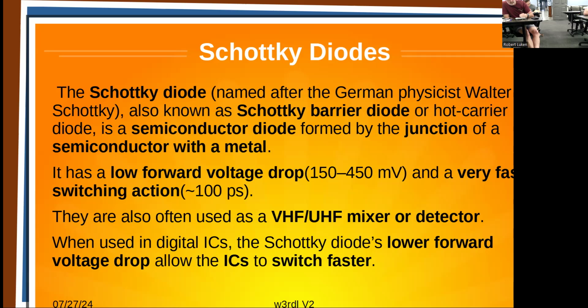It also, I think, has a little lower capacitance, so it can switch very fast because of the lower capacitance and also the lower voltage. So they use it a lot in high frequency mixers or envelope detectors because of the voltage drop and the fact that it can operate at much higher frequencies.